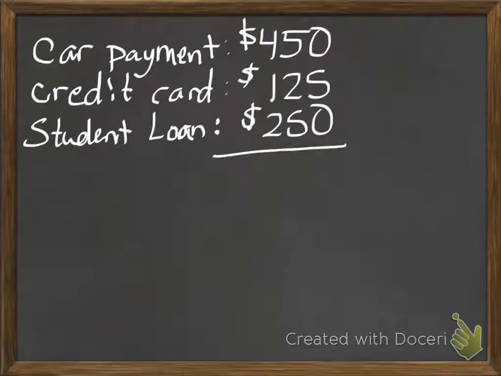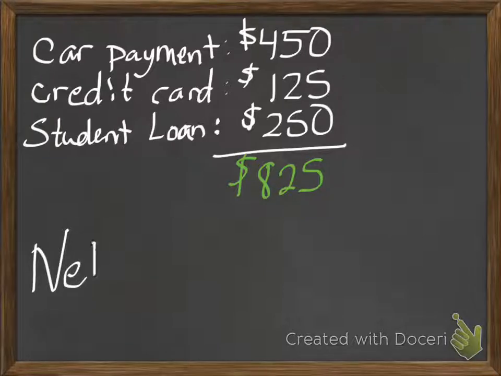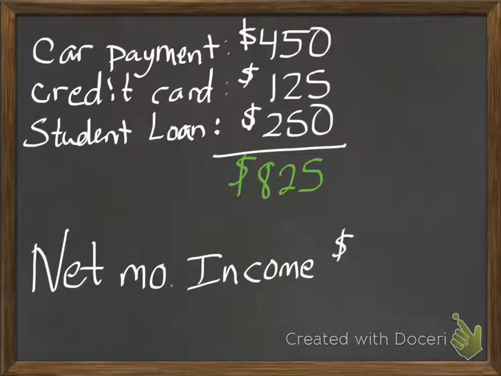How much do we currently make in debt payments each month? $825. Our net monthly income is $3,450.